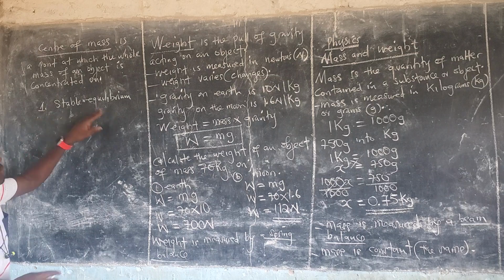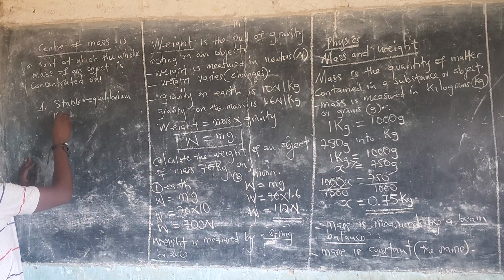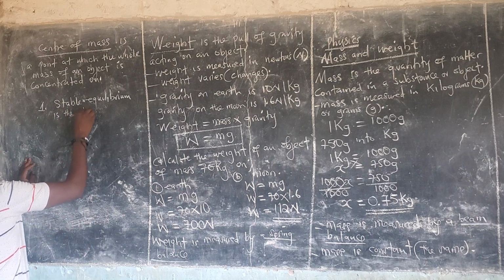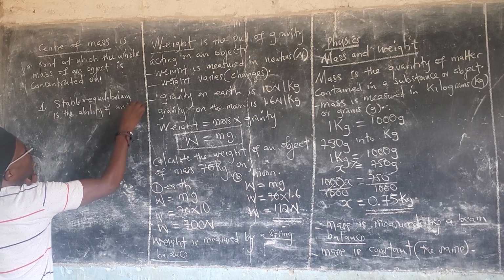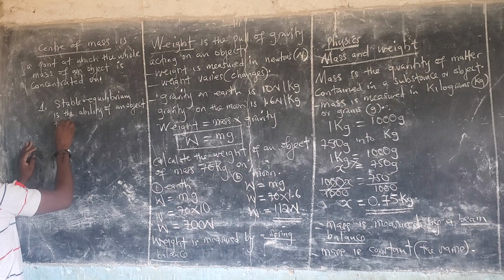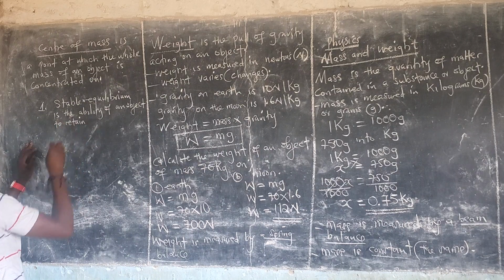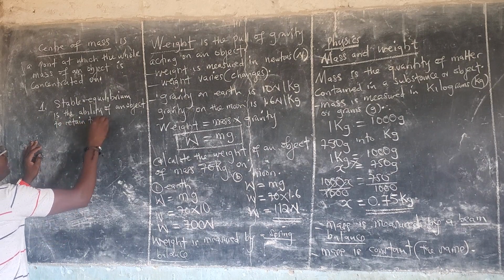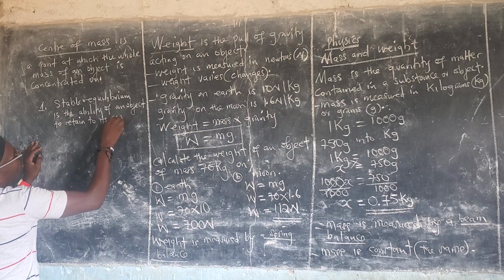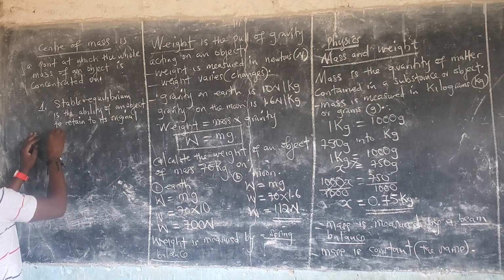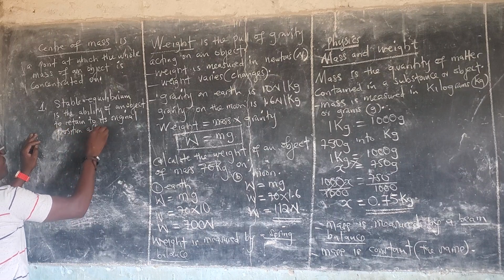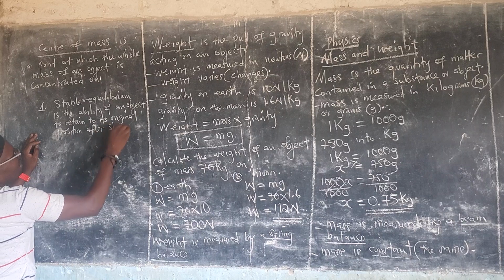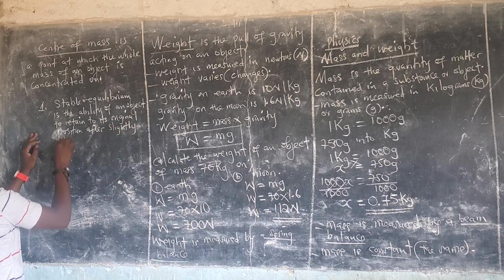So when we say stable equilibrium, this is the ability of an object to return to its original position after being slightly displaced.